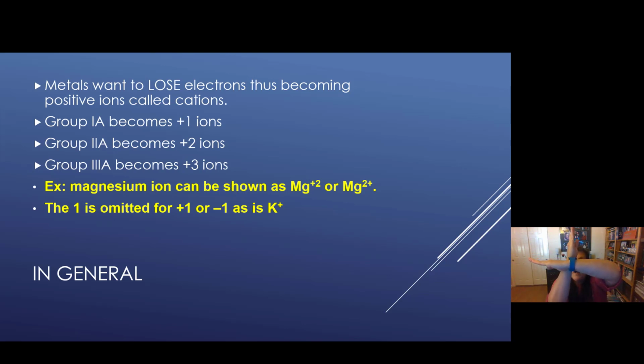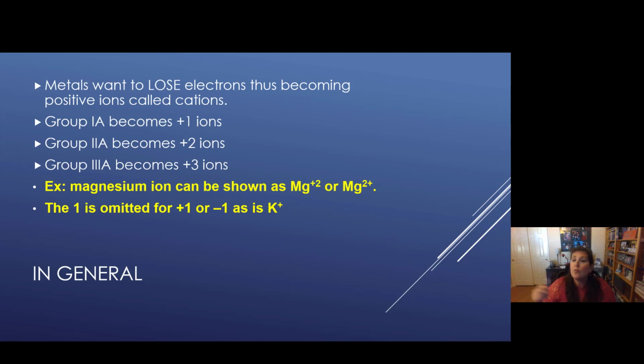The t is a positive plus. So cations are positive ions because of that t. That'll help you remember it. So group 1A becomes +1. Group 2A becomes +2. Remember, group 3 is the boron, aluminum column, and that becomes +3.